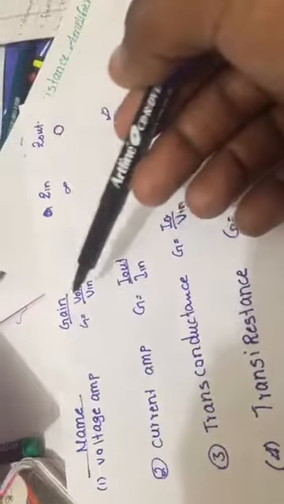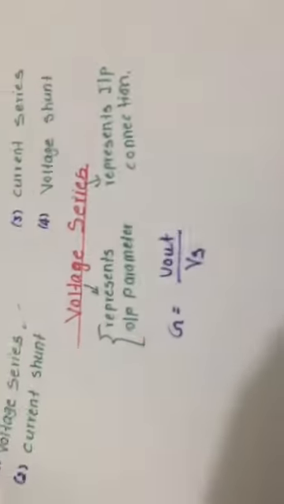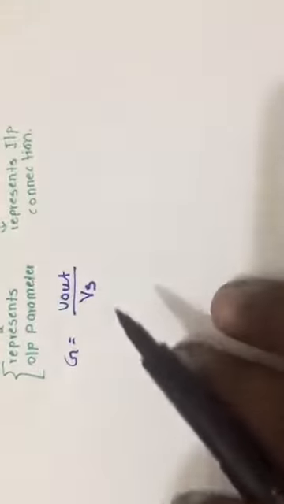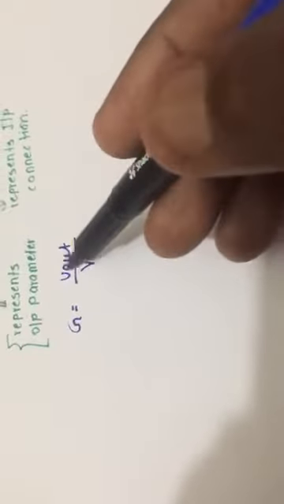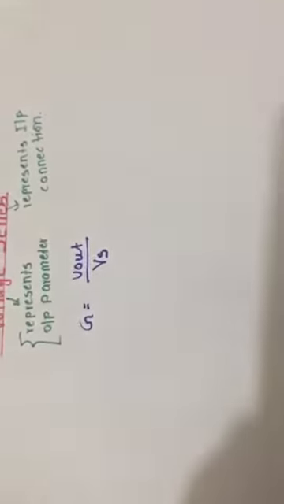Instead of voltage input, we make it voltage source. It means our input is voltage, and our output will also be voltage.